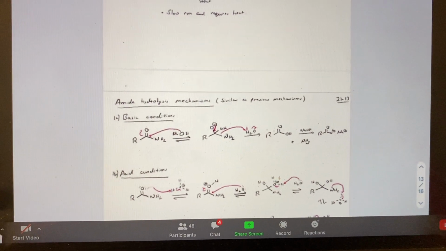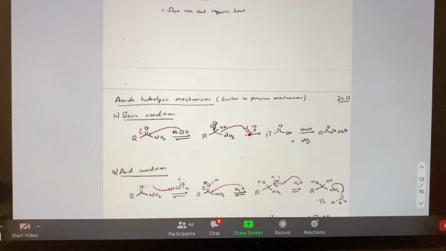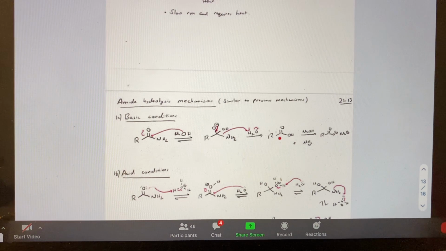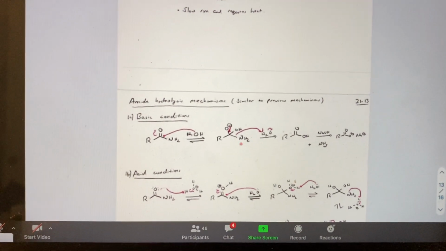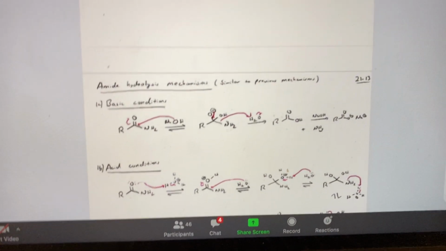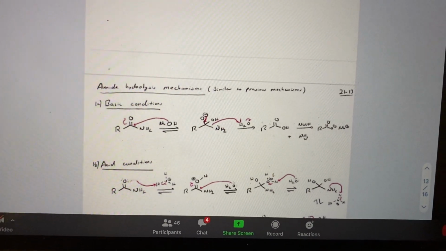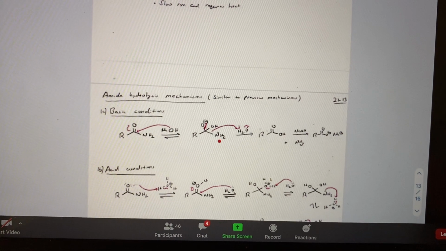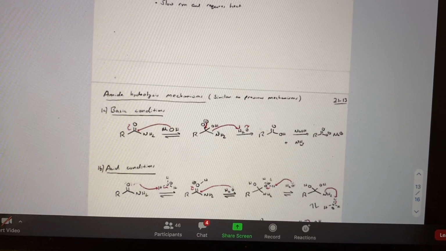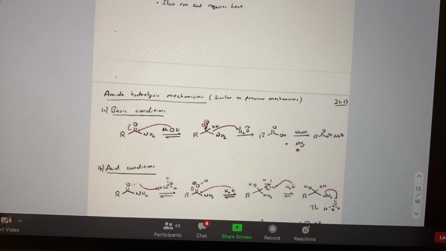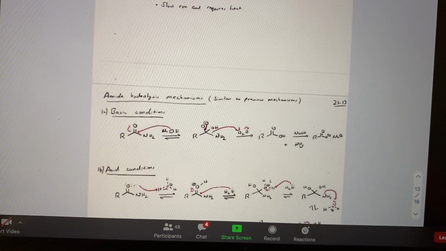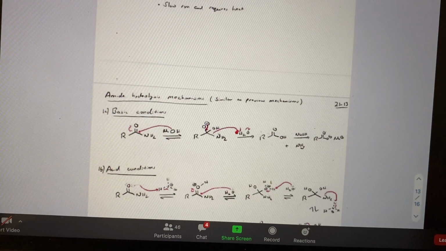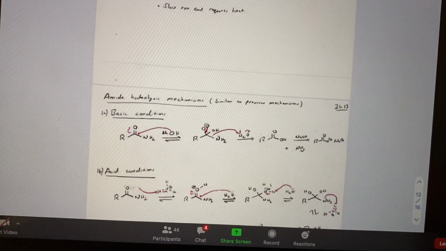So what actually probably happens is that in the presence of water, as we're reforming the carbonyl group here, which we're going to have in our product, this is not actually leaving solely as NH2 minus, but it's actually picking up a proton off of water. It's basically at the same time, so that we're avoiding formation of NH2 minus and then forming ammonia, NH3. So that's what I've drawn here, where this arrow to the carbon-nitrogen bond, we're protonating the leaving group at the same time as it's leaving.